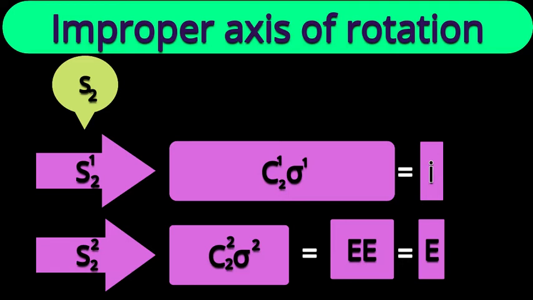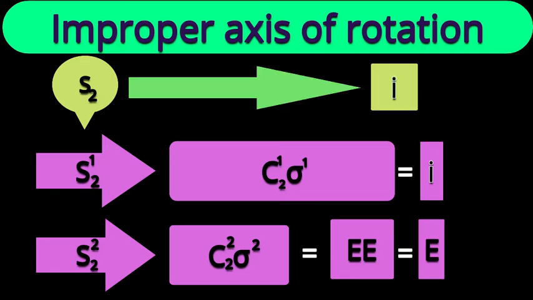C2 operation two times is rotation by 360 degrees, identity. Sigma operation two times is an even number of reflections, so it is identity. So the result is identity. So S2^2 means identity.